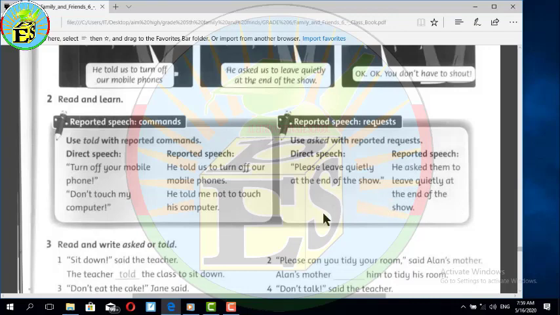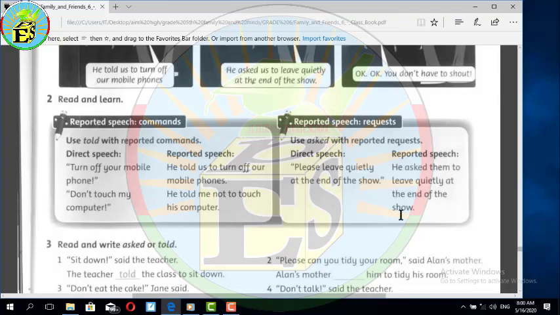Okay? So, if you want to change the commands from direct to indirect, you have to use the verb told. Then use to with a positive sentence and not to with a negative sentence. If you have a request, you will use asked, also with to and not to.